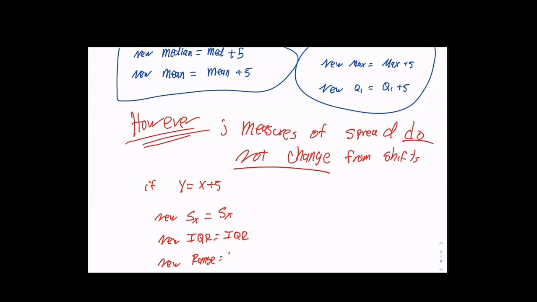The same. They are unchanged, as the data did not change spread. It only shifted. It was rigid.